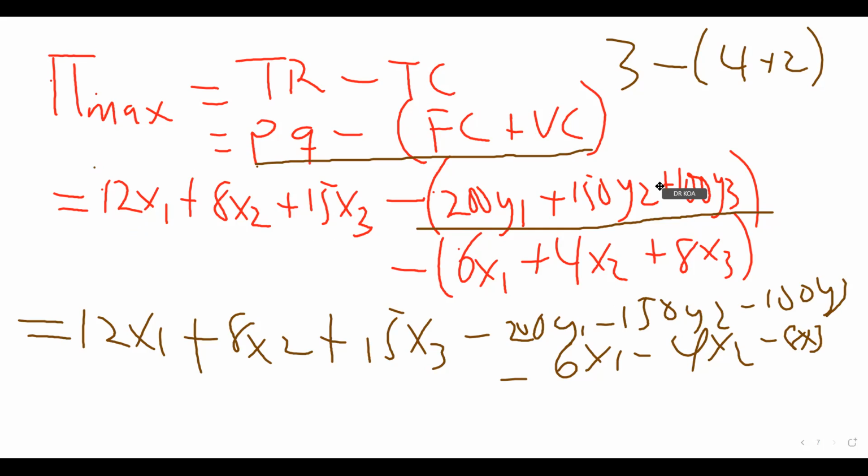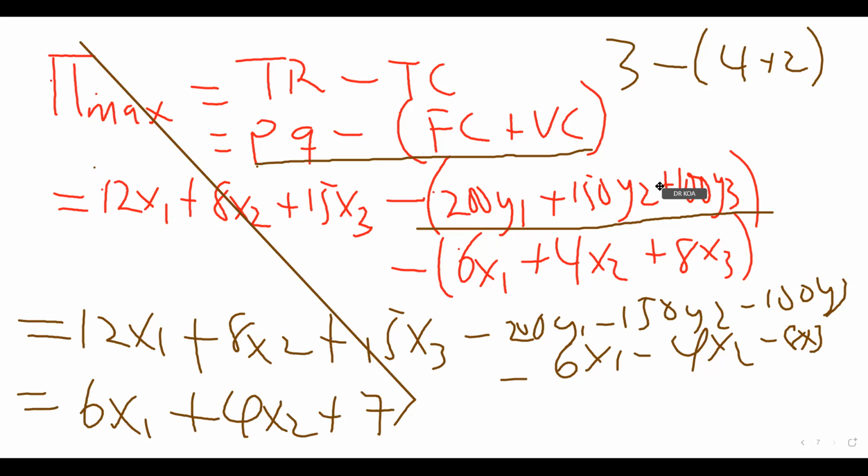Anyway, let's continue. Since you all get it now, let me rewrite the whole thing properly. My delay is some 15 minutes that I wasn't expecting. 12 minus the 6x1 will give you 6x1 plus 4x2, 7x3.